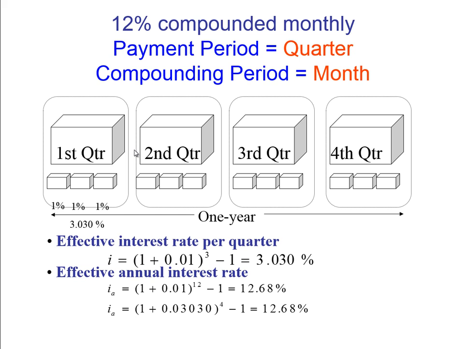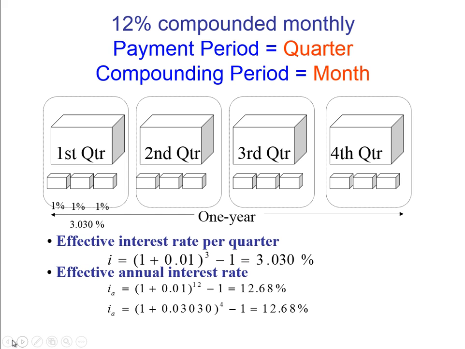Why? Because we have 3 interest periods within that payment period, or within that quarter, and that will equal 3.03% rate within that payment period.